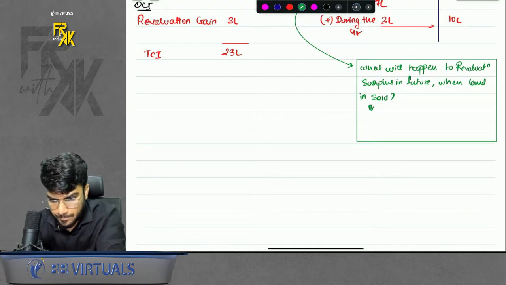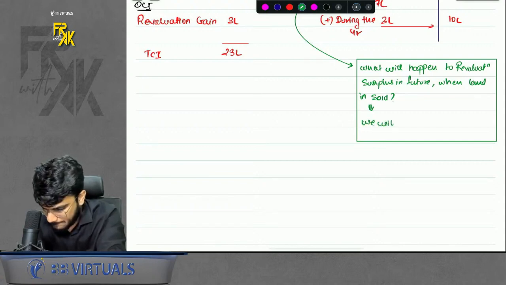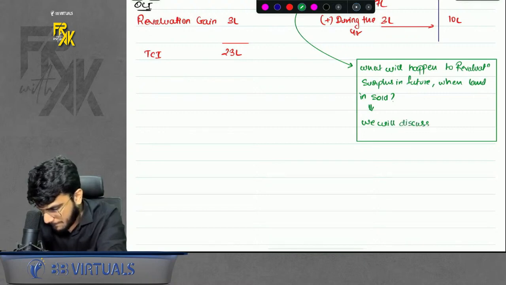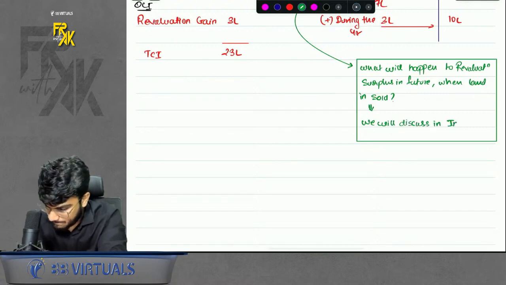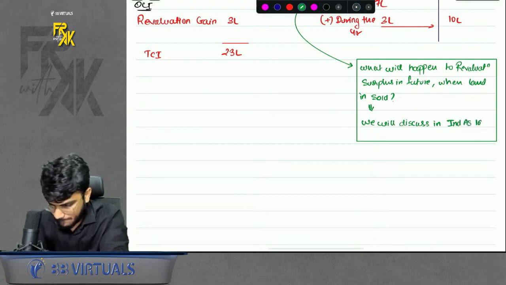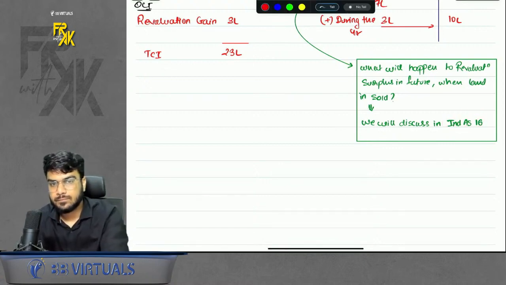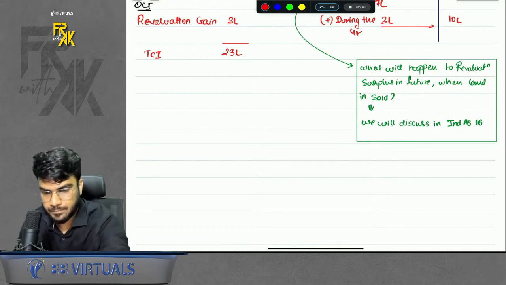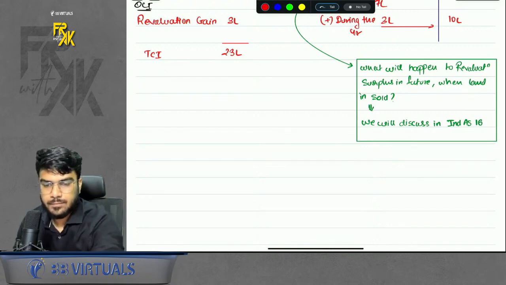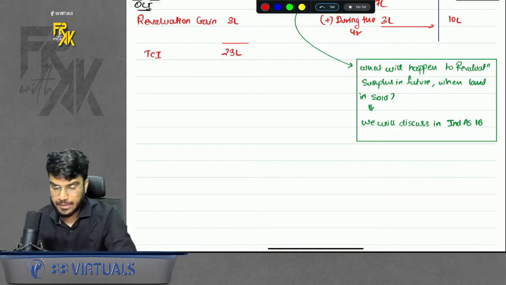We will say, we will discuss in IND AS 16. Clear? Absolutely clear, sir. Absolutely clear.